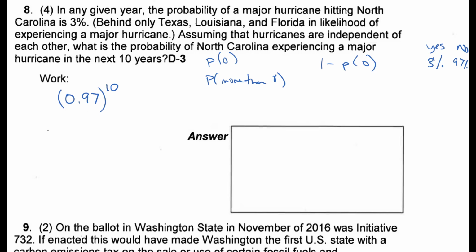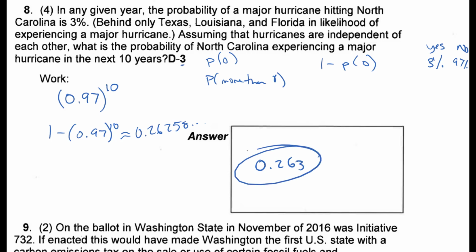So that means it'll be 1 minus 0.97 raised to the 10th power. This is going to give me my answer right here. Calculation-wise, that's going to be about 0.2625. You're going to need to check this. It says to the 3, so 0.263 on that.